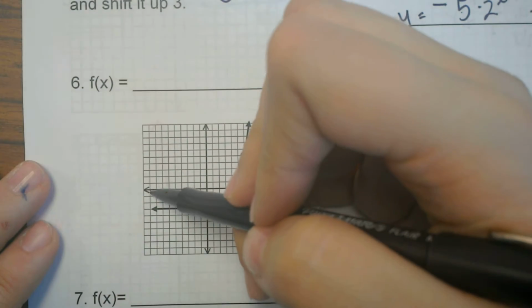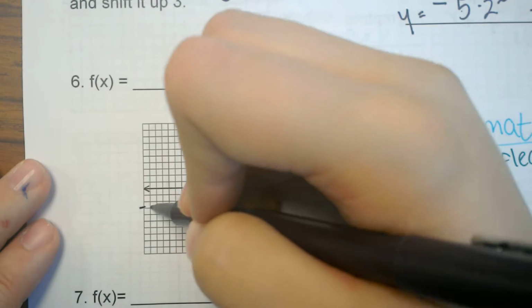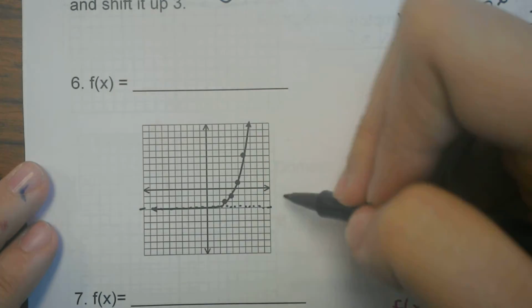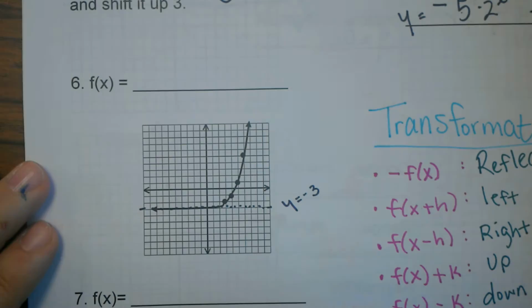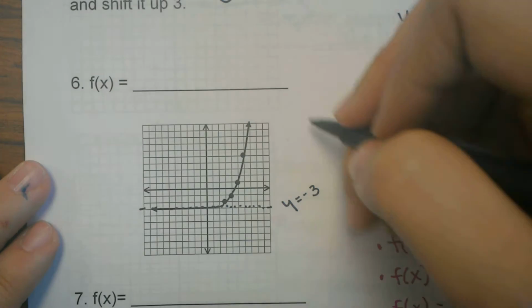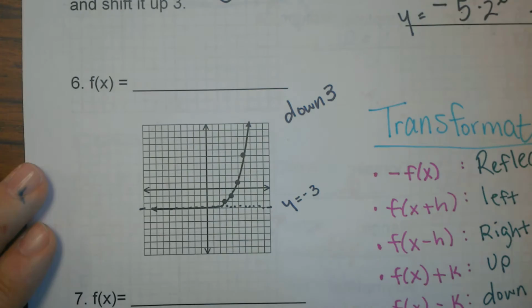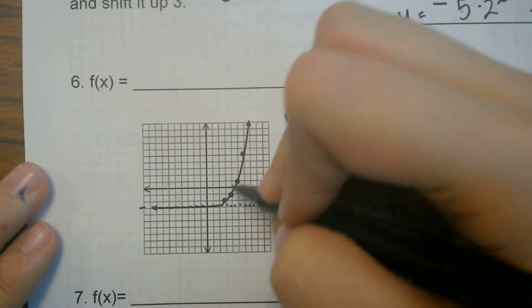So the next one, I have a horizontal asymptote at y equals -3. So that tells me that my graph shifted down 3. And then I'm going to look at these points that were given.